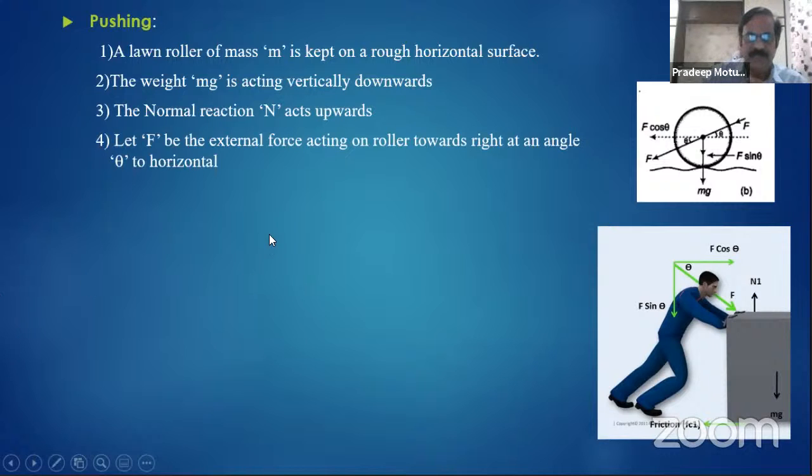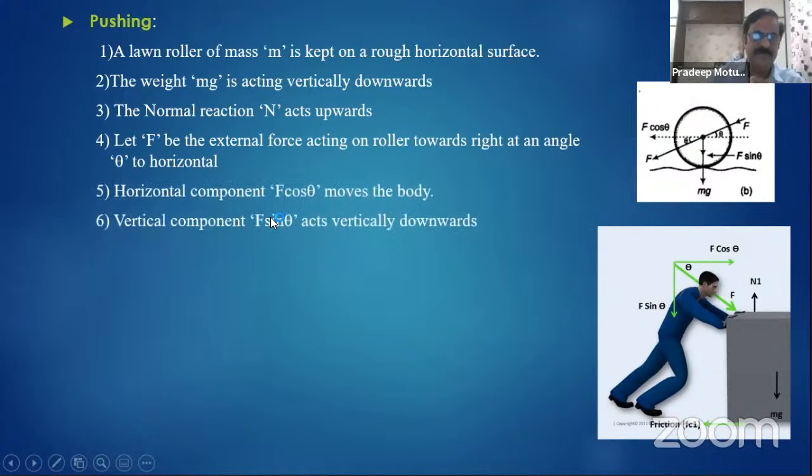What is the horizontal component? F cos theta, for which the body moves in this direction. What is the vertical component? F sin theta, which is acting downwards.